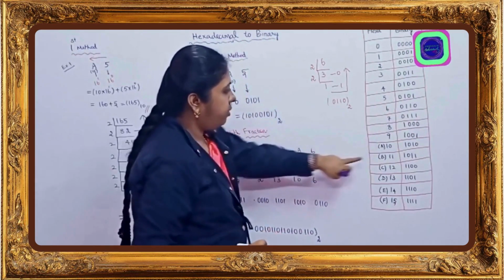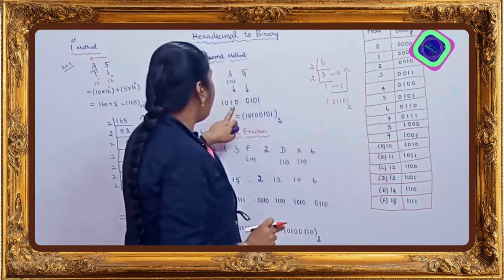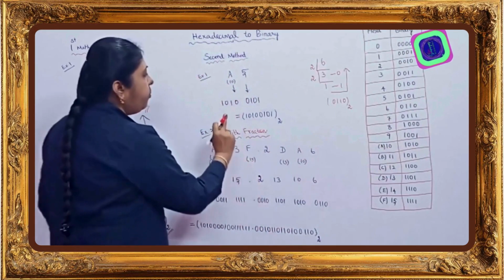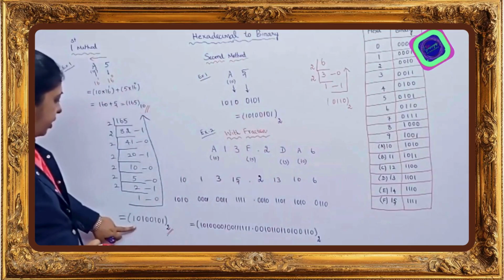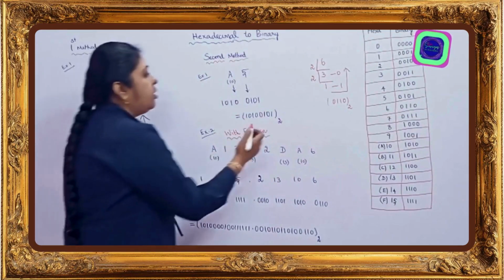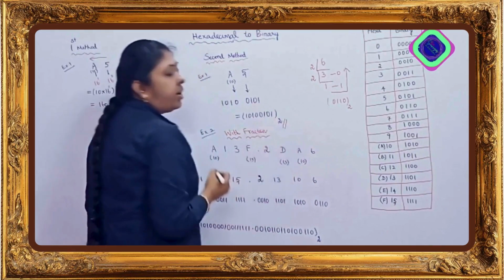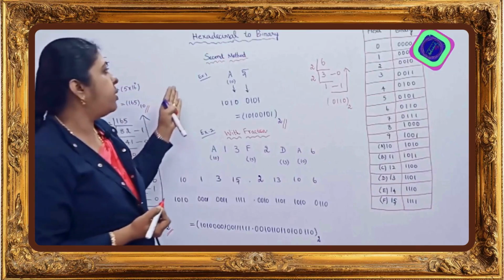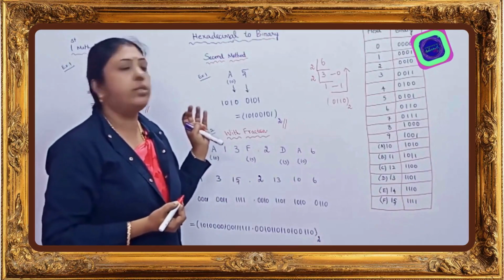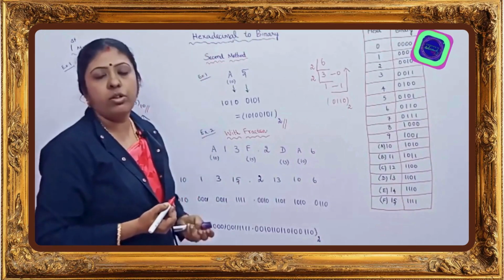For A, which is 10, it is 1010. So writing 1010 0101 to the base of 2, the answer is the same as here, 10100101. So we get the same answer. We can use this methodology for all numbers. For large numbers, the second method is the best method to convert from hexadecimal to binary.